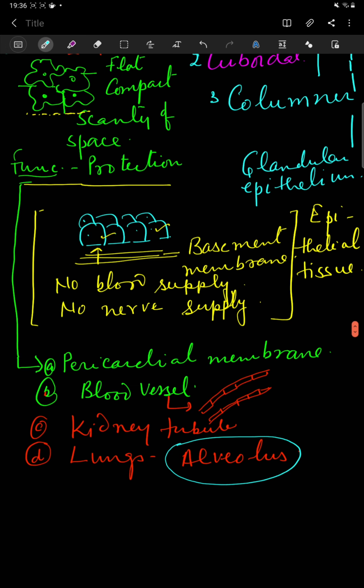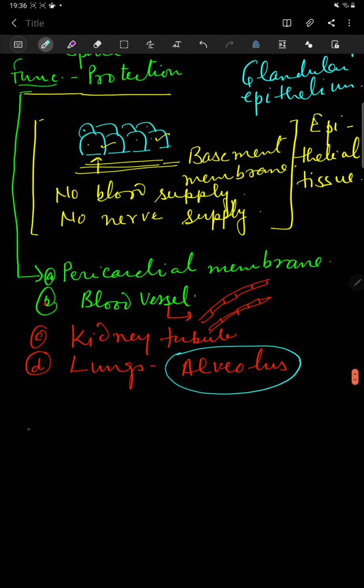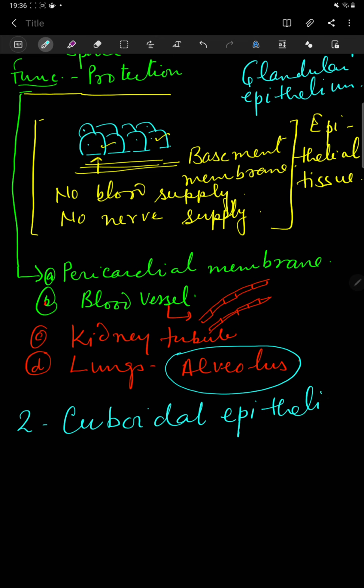And now I am going to teach you the cuboidal, as the name indicates. Try to understand the meaning of cuboidal from your mathematics. So I am going to write the next heading, the second one, termed cuboidal epithelium. What I want to say is, cuboidal means cube-like.